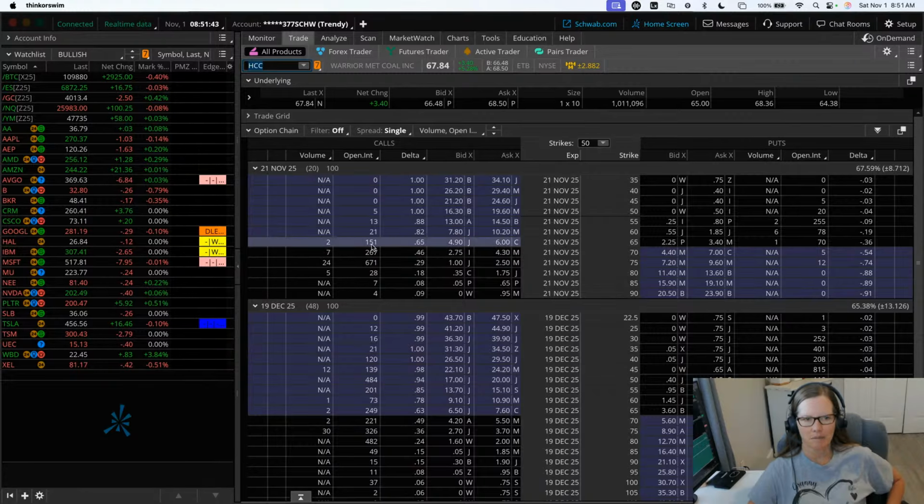Really not. I would have to go out of the money to get the liquidity there and look at how wide these spreads are. I typically am not going to trade something with a spread that wide between the bid and ask.